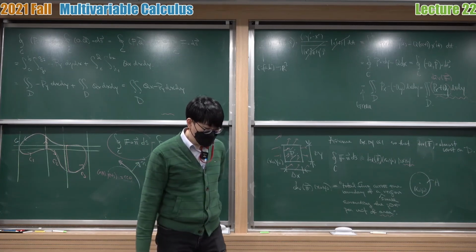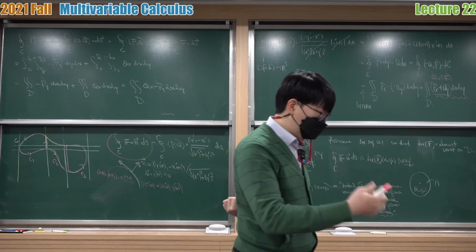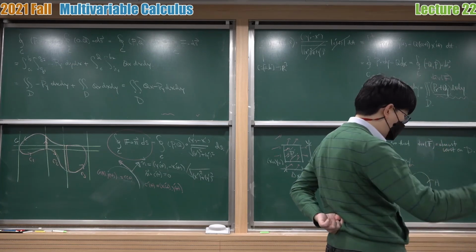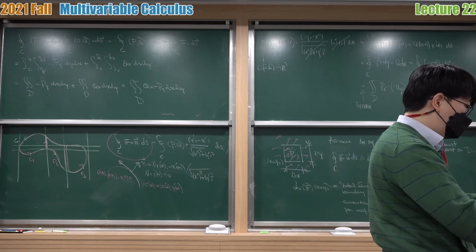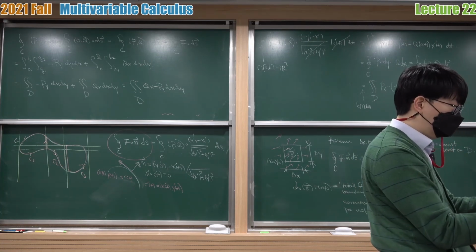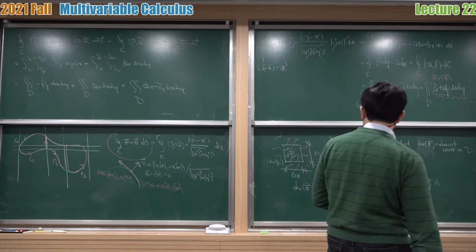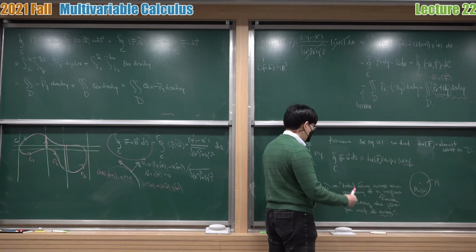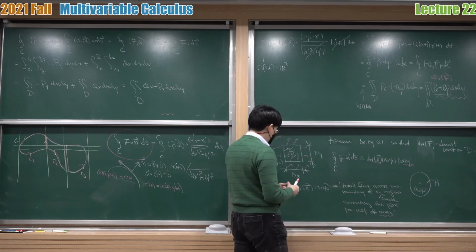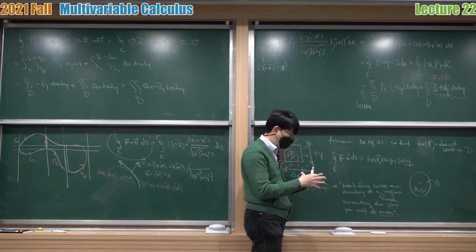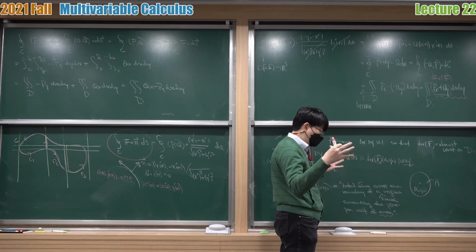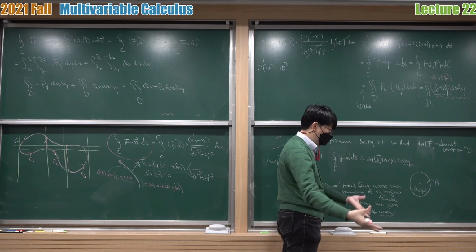So divergence doesn't give you the absolute value of flux around this point x, y. Depending on how large your area is, which contains the point, your total flux could be larger or smaller. But divergence gives you how much flux is going out at that point per unit of area.